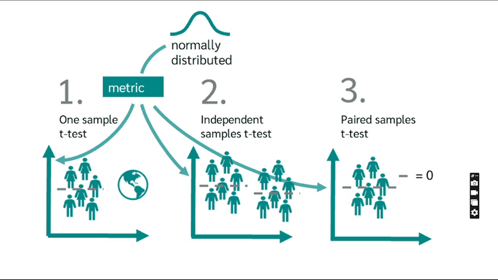That kind of data is paired because the weight is paired for that particular person. For that kind of data we have to apply the paired sample t-test. So now I think you understood what kind of t-test we should apply based on our data. In most of the cases we apply the independent sample t-test.